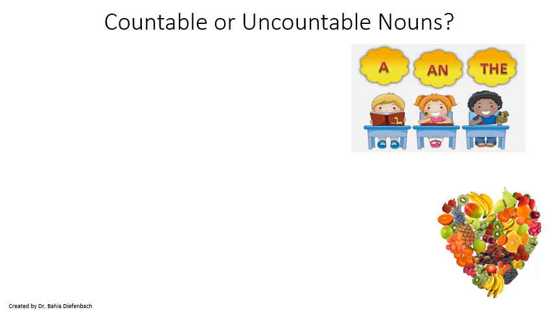Countable or uncountable nouns are going to affect what article we use, or whether we don't use one. In this one, I would like a milk. Milk is uncountable. So then we do not use an article with it. So it will be, I would like milk.